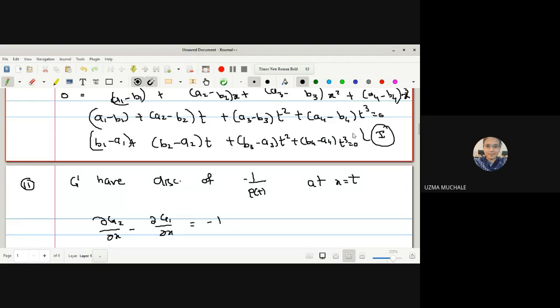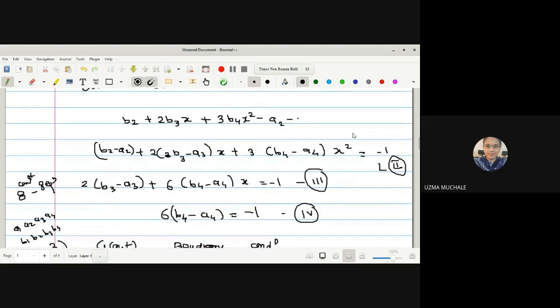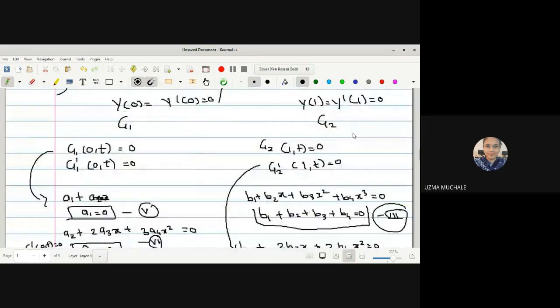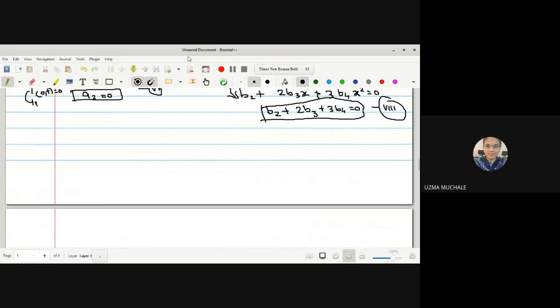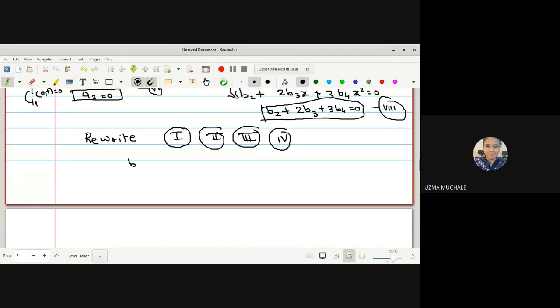Okay, we can rewrite equations 1, 2, 3 and 4 by substituting B1 minus A1 as some constant C1, B2 minus A2 as C2, B3 minus A3 is equal to C3, B4 minus A4 equal to C4.